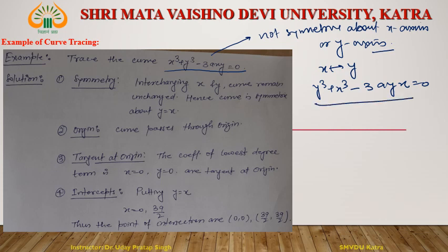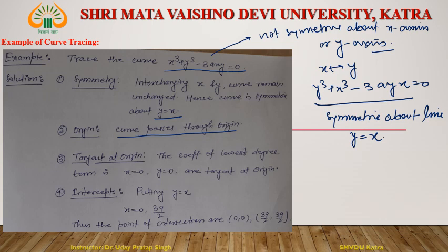It means this curve is symmetric about the line y is equal to x. Since 0 0 satisfies the curve, the curve passes through the origin. Then what is the tangent at the origin?